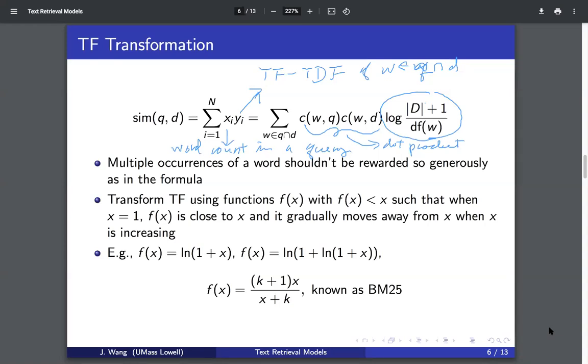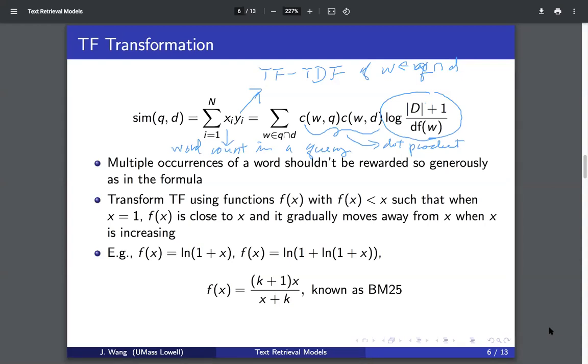So what we are interested in here is that we are going to transform term frequency using a function, such that this function f(x) is less than x when x is equal to 1, and f(x) is close to x, and it gradually moves away from x when x is increasing.